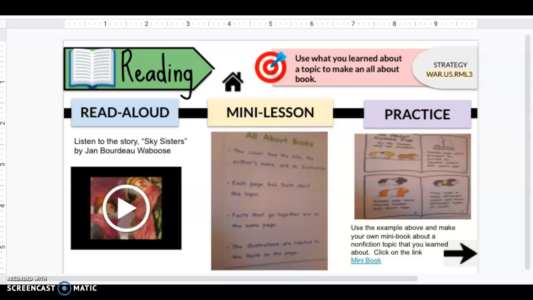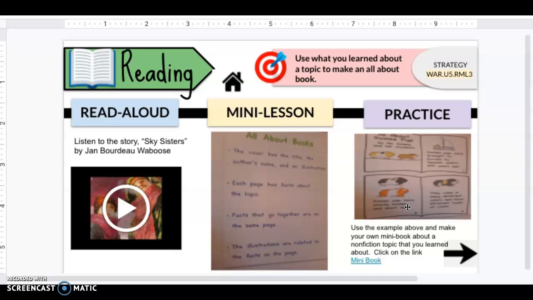The first thing about mini books is if you look at the cover on the practice on the slide, you will see a little mini book. It says all about guinea pigs because we did read a book about all about guinea pigs.